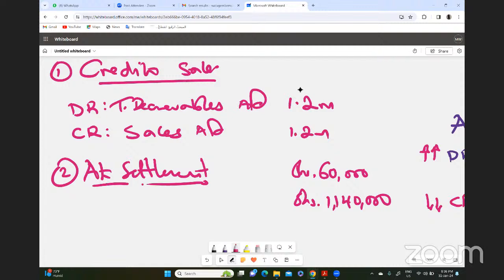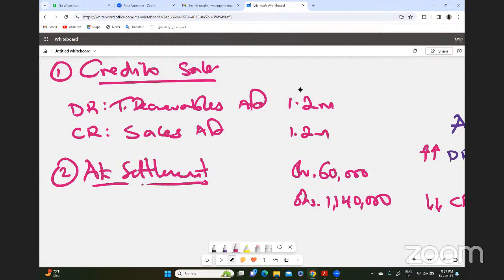We had told our users that we are having a receivable of 1.2, so we are expecting money equivalent to 1.2. But at the point of settlement, someone gives you 1,140 in full settlement.